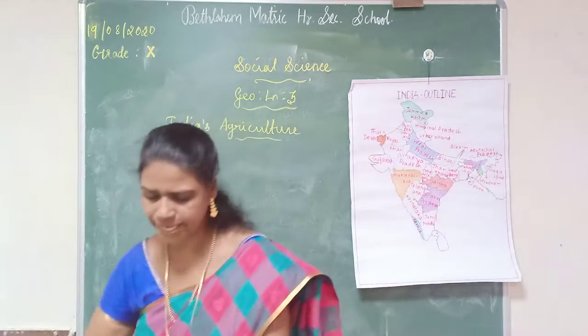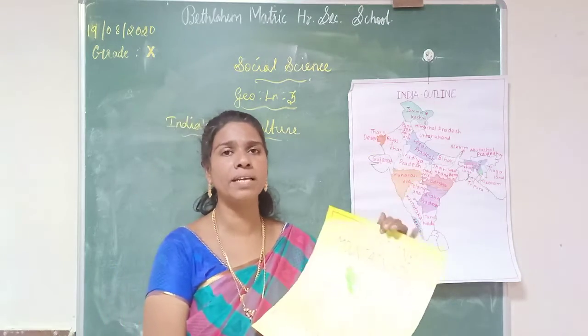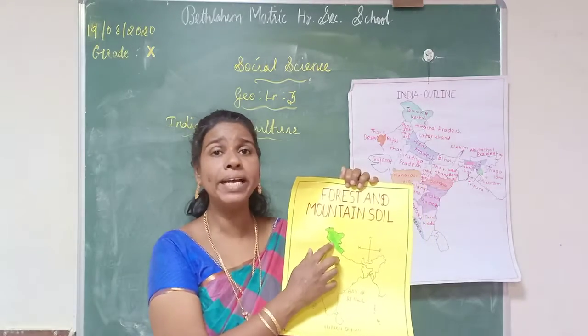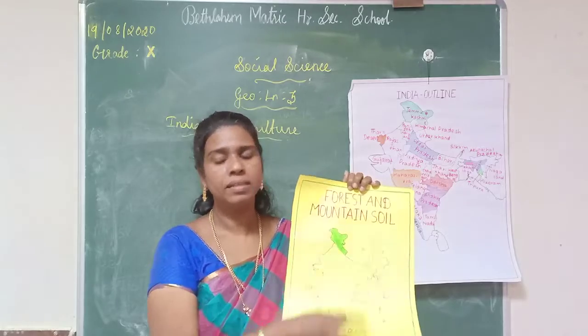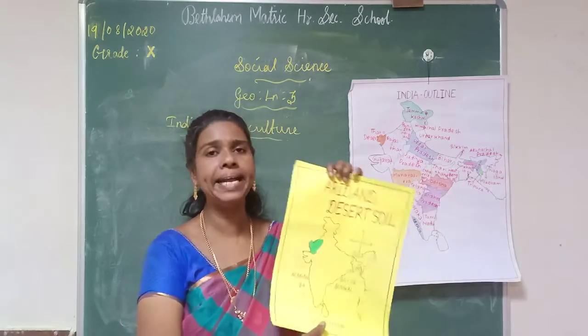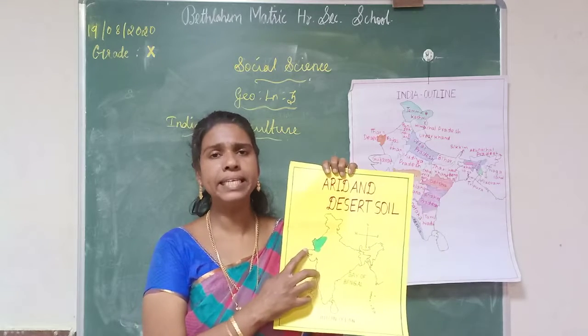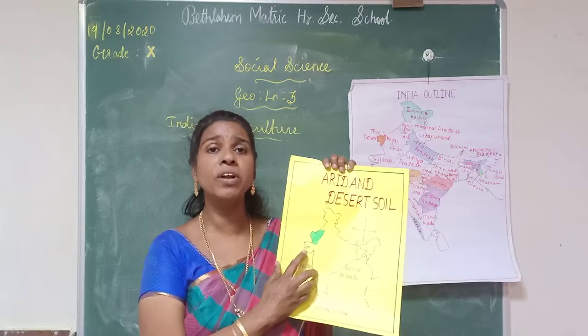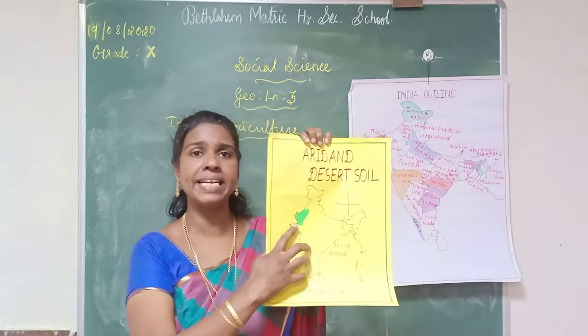Then the next one is forest and mountain soil. The main area where we can find this soil is the Jammu and Kashmir area. Then the next one is arid and desert soil. We can mainly find this soil in the western part of Rajasthan, the Thar desert area.